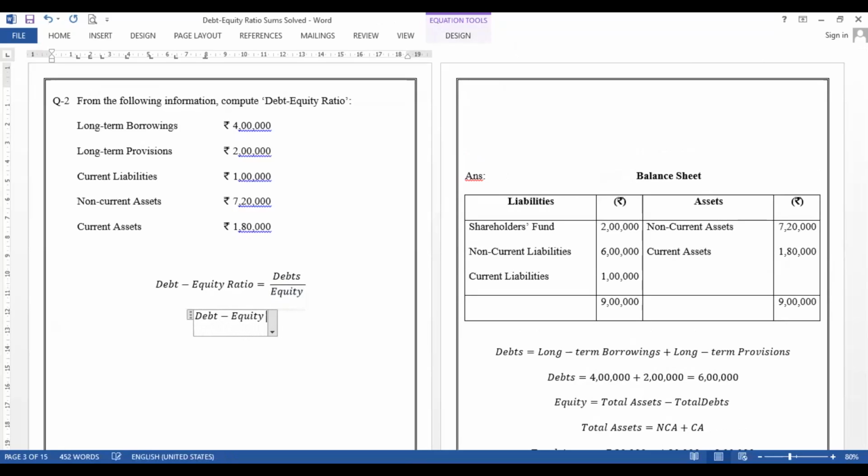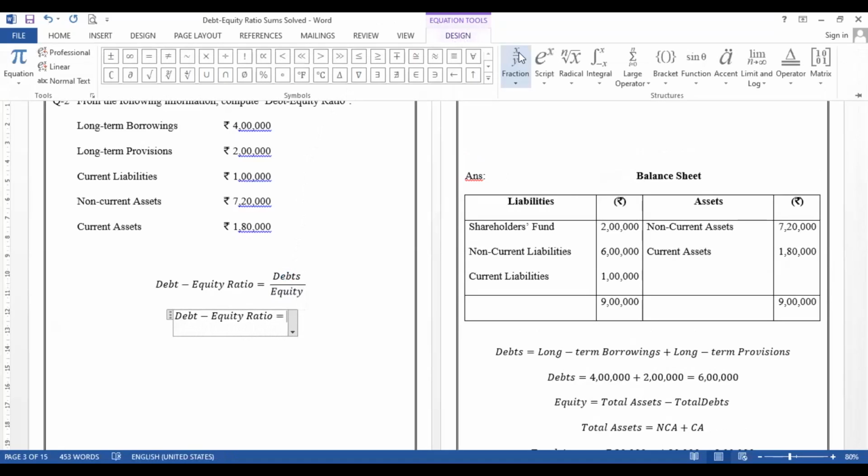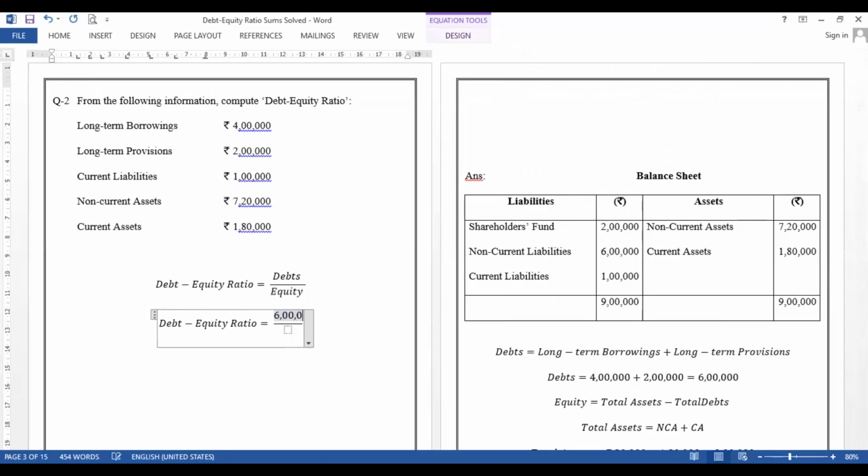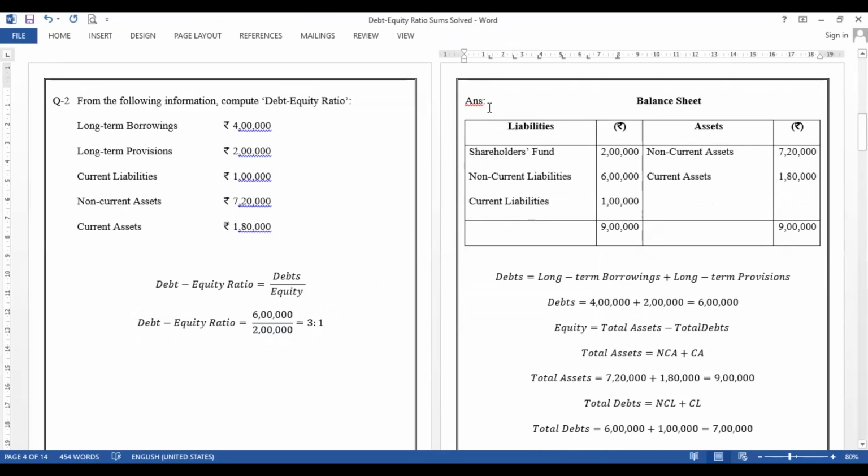Debt calculated was 6 lakh, and equity is rupees 2 lakh. So the ratio will come to 3:1. Okay, I'm sure you all have understood how to calculate the debt equity ratio with the available information.